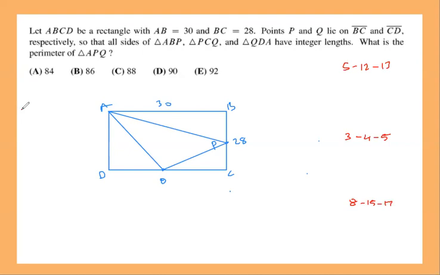Okay, we have 7, 24, 25, and some other ones like 20, 21, 29, right? If you check those, you can see them. But these are the really common ones that people use a lot, which is why I like to start with listing those.